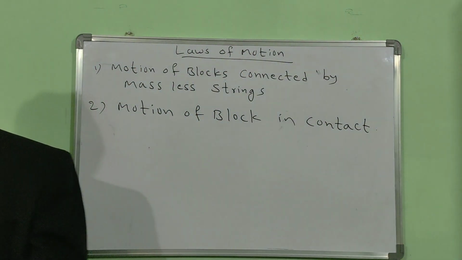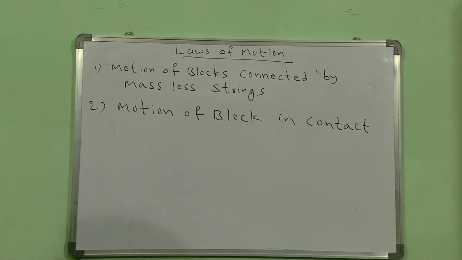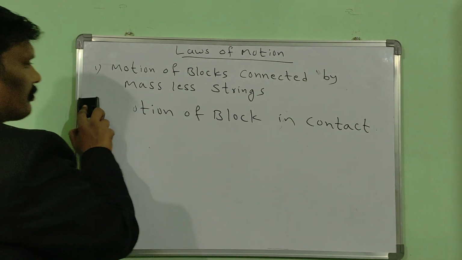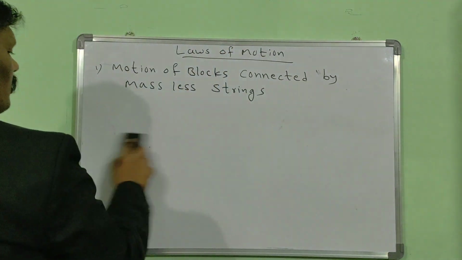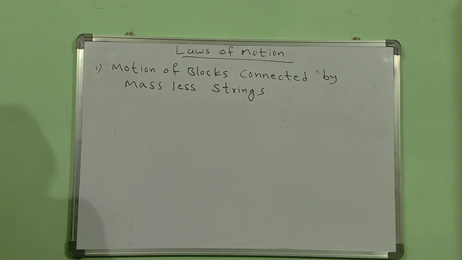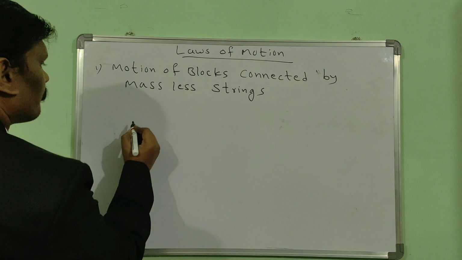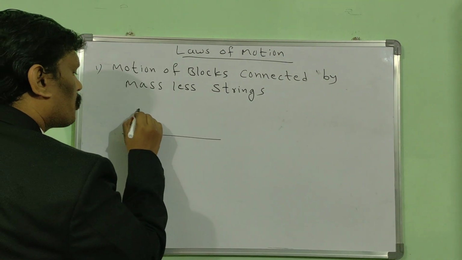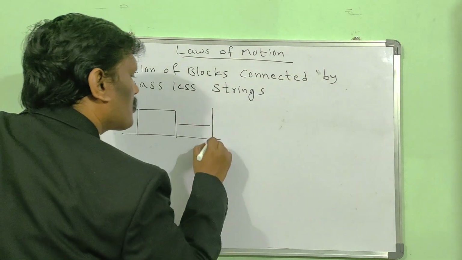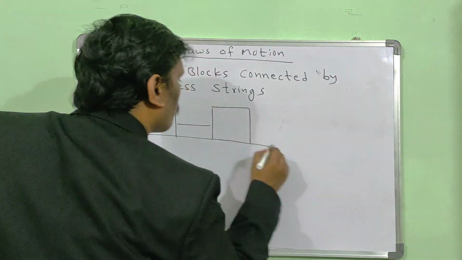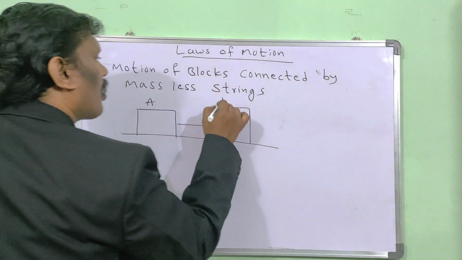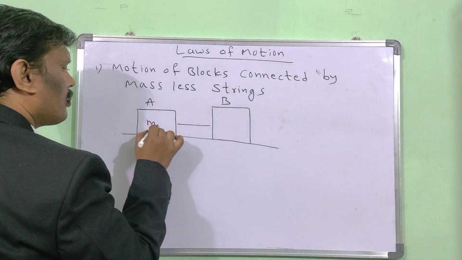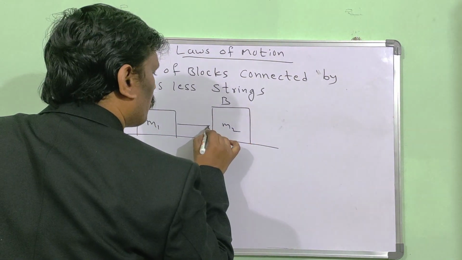First we are going to discuss the motion of blocks connected by massless strings. Here I am going to consider two blocks, block A and block B, with masses M1 and M2.